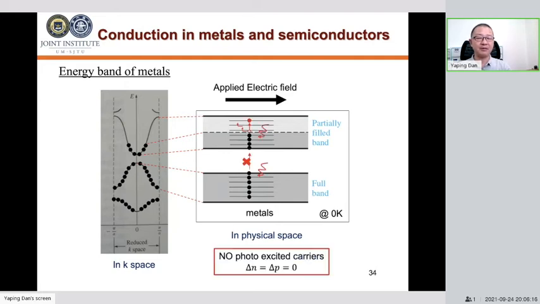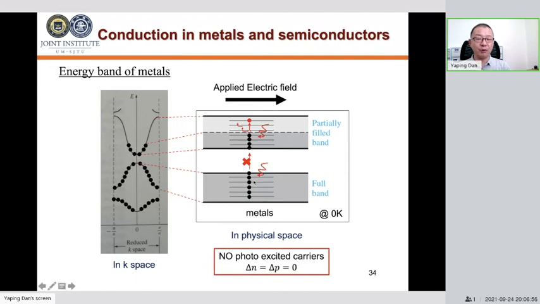Now, if we illuminate with light, the electrons in the conduction band can be excited to a higher energy level, but the total number of energy levels in this conduction band doesn't change. Of course, the valence electrons in the semiconductor have a possibility of receiving energy from the photon and jumping to a higher energy level. But for metals, this band is partially filled.